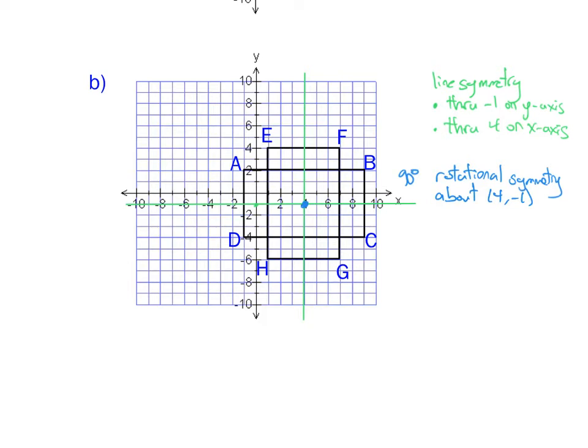Every 90 degrees, that shape is going to coincide on itself. So therefore, it has 90-degree rotational symmetry. And we would say that the order of rotational symmetry would be 4 because 360 divided by 90 is 4. So there's 90-degree rotational symmetry, or we could say the order of rotation is 4. Okay?